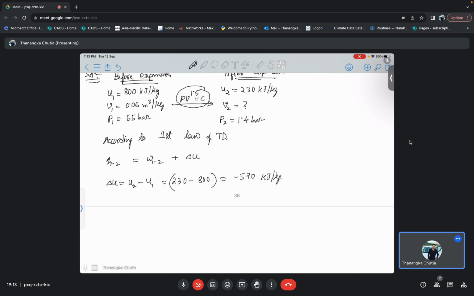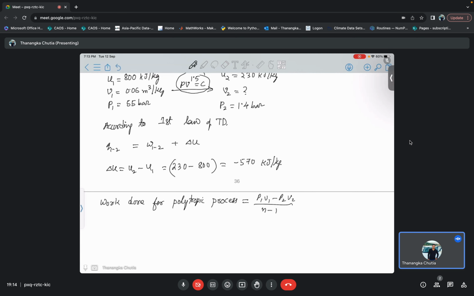Now for this polytropic process, work done is equal to what? P1 V1 minus P2 V2 divided by n minus 1. So you have P1, you have V1, and you have also got a value of n, so your idea will be just to calculate V2.